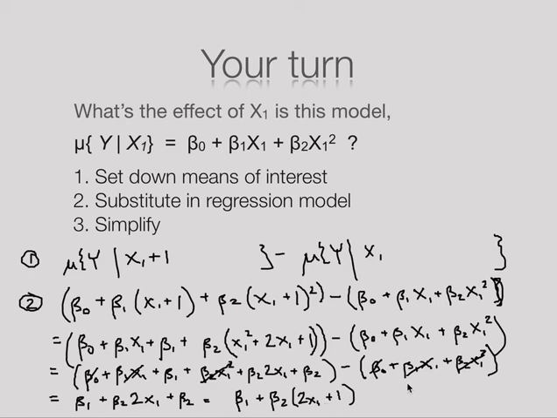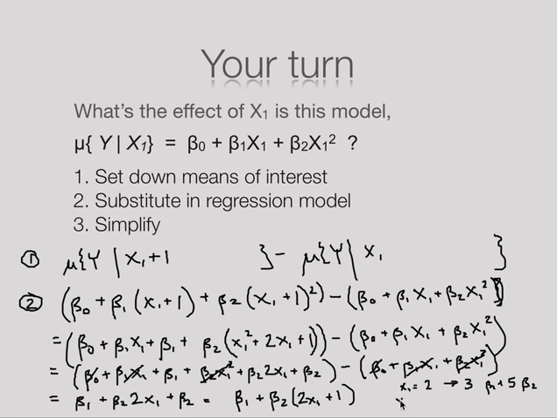Just as a little example of that, if x1 was 2 and I increased it by 1 up to 3, then the effect would be beta 1 plus beta 2, let me do what's inside the bracket first, so 2 times x1 is 4, plus 1 is 5, it would be 5 beta 2.